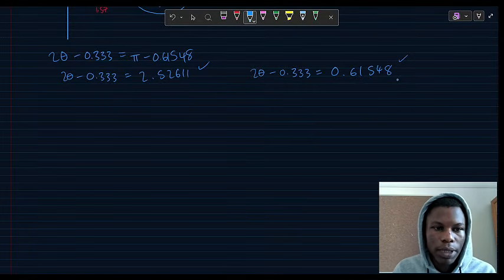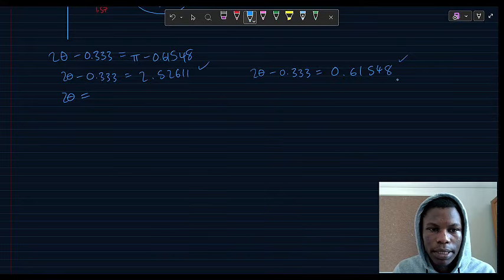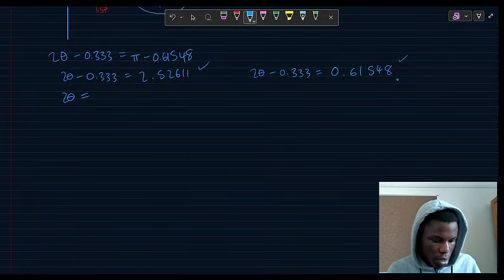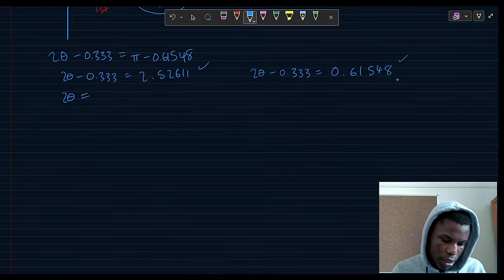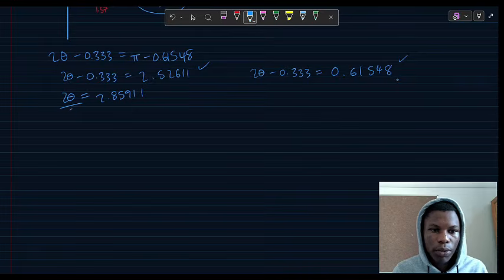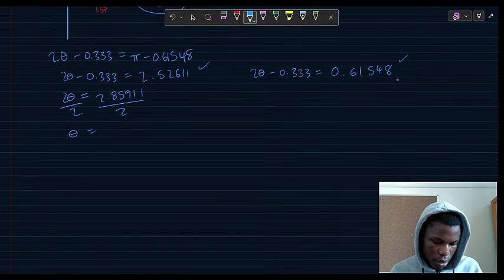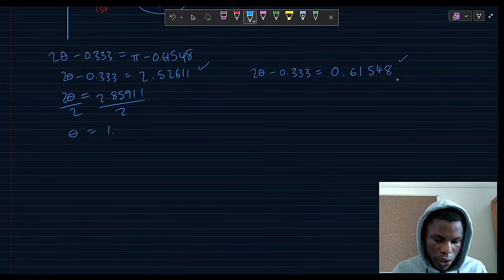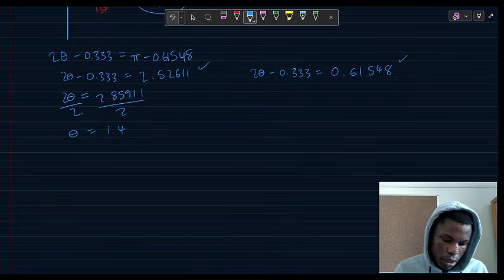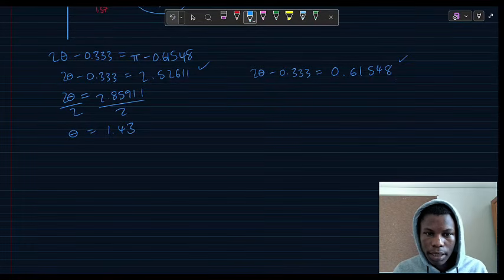So let's start with the left hand side here. 2 theta is equal to 2.52611 plus the 0.333. That gives us 2.85911. Divide both sides by 2. You get that theta has to be 1.42, let's say to 2 decimal places, so 1.43 radians here.